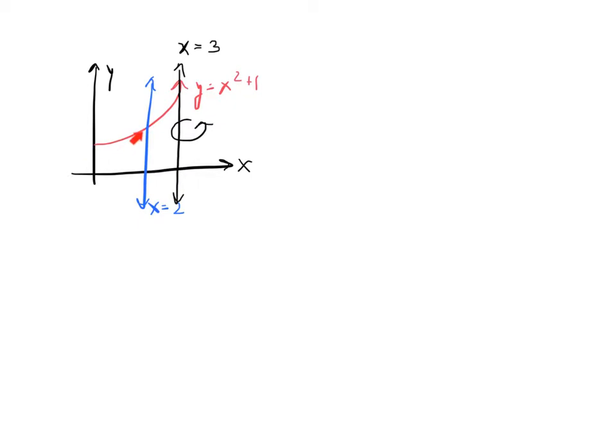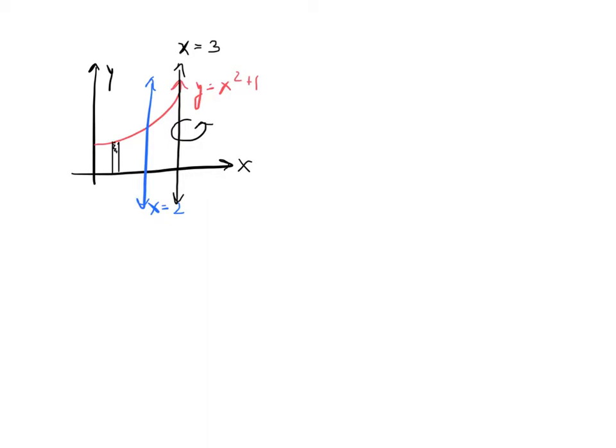So we're taking this same region in here and we're wrapping around x equals 3 instead of the y-axis. Now again, we can use discs and washers, but we would need two integrals because we still have two different types of rectangles and we'd be differentiating with respect to y.